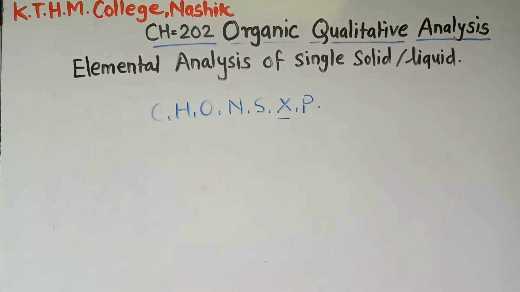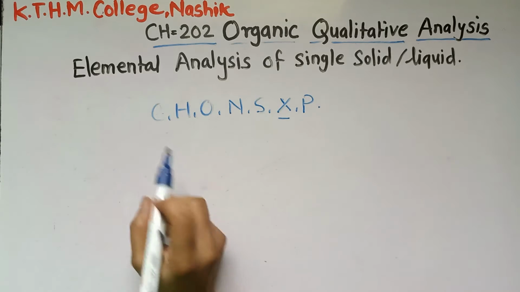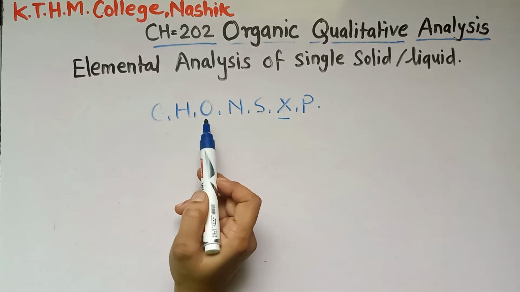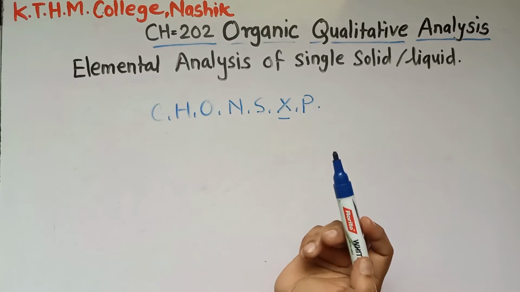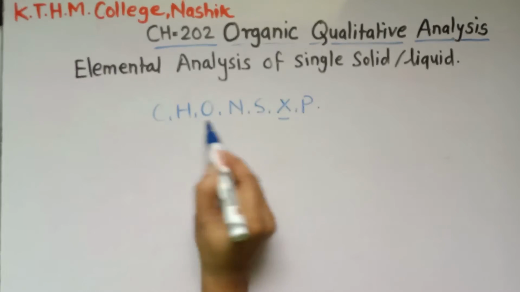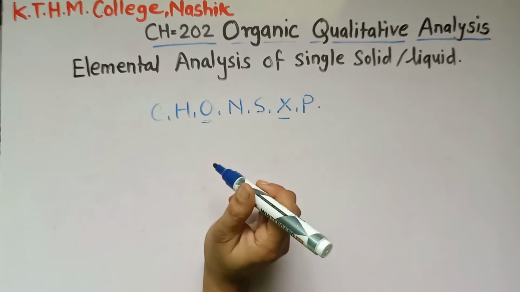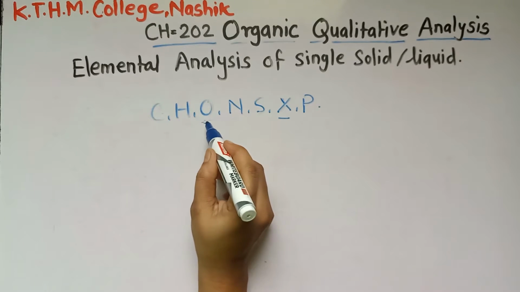X stands for the halogen. So an organic compound may contain carbon, hydrogen, oxygen, nitrogen, sulfur, halogen and phosphorus. There is no special test for the determination of oxygen.